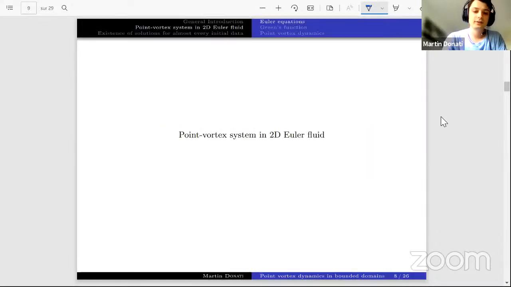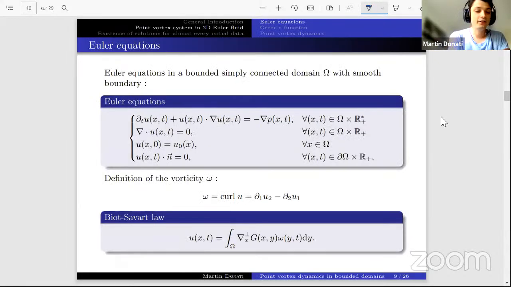Okay, so now let's start the maths. I recall the Euler equations in a bounded and simply connected domain with smooth boundary. So these are the equations with the usual boundary condition that the velocity u must be tangent to the boundary.